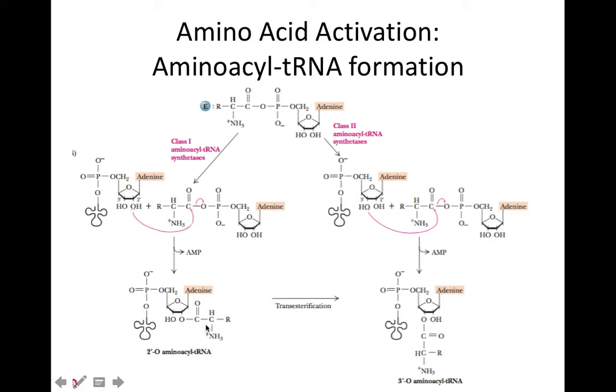But because in your class 1 synthetases it is bound to the 2' carbon, it still has to undergo trans-esterification so that all your products will end up with a 3' aminoacyl tRNA. Evolutionarily speaking, they do not know why organisms have to have a class 1 and a class 2 synthetase, but we just know that they exist in nature.